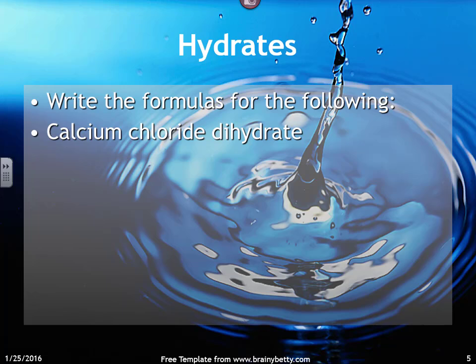First part is Ca, then what? Cl2 dot 2H2O. CaCl2 dot 2H2O.